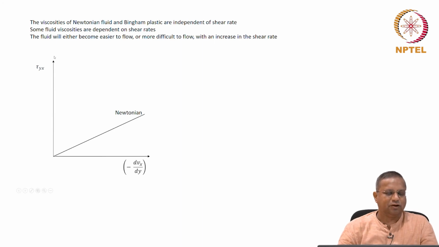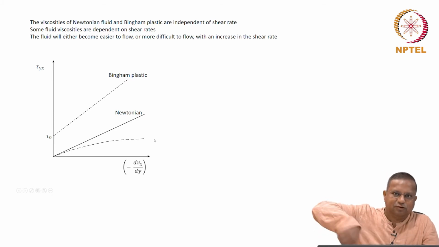So, on the rheological characterization graph, tau yx versus minus dvx dy, this is the Newtonian fluid and this is the Bingham plastic with tau 0, the yield stress. And these fluids are either like this, which is shear thinning. The viscosity decreases with increasing shear rate.